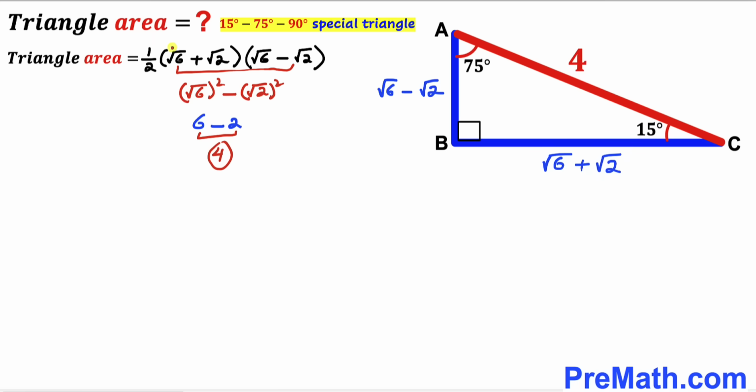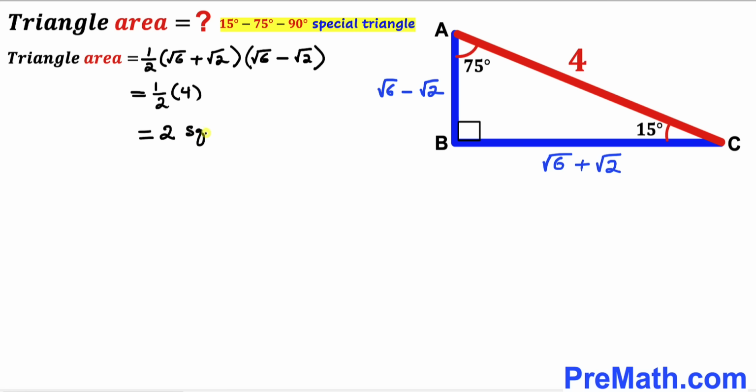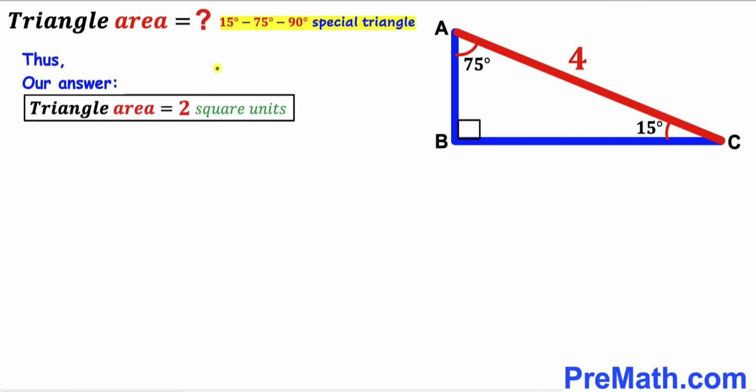So this whole thing simplifies to 4. So we can write a half times 4, and if we simplify, that is going to give us 2 square units, the area of this triangle. Thus the area of this triangle ABC turns out to be 2 square units. And that's our final answer.